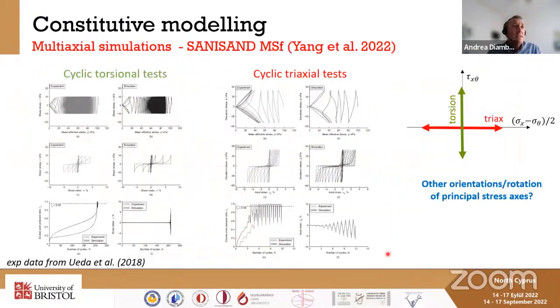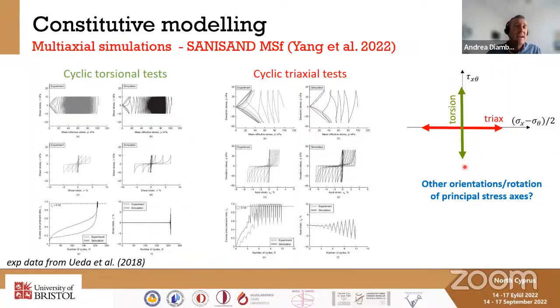The model has also been tested for different multiaxial conditions. Here are the simulations on Sunny-Sand MS for the torsional test and cyclic triaxial test. So good agreement, but there is something still missing in the literature, that is the investigation of different orientation and rotation of principal stress axis between triaxial compression and torsion.